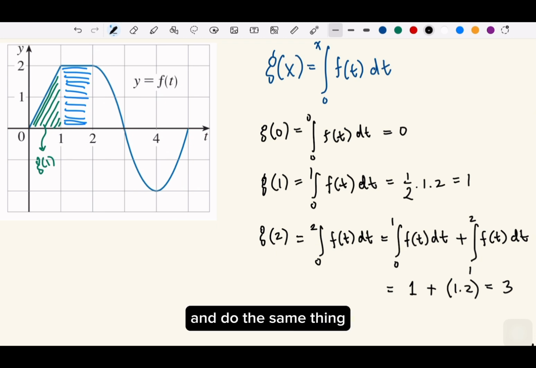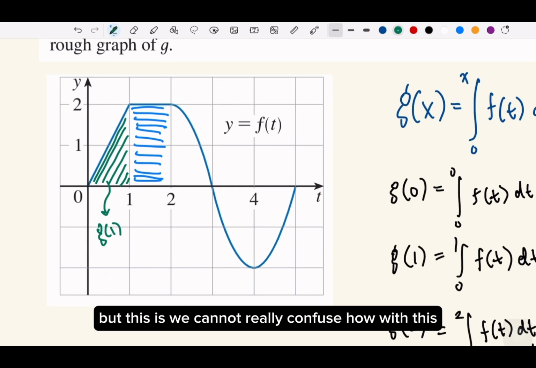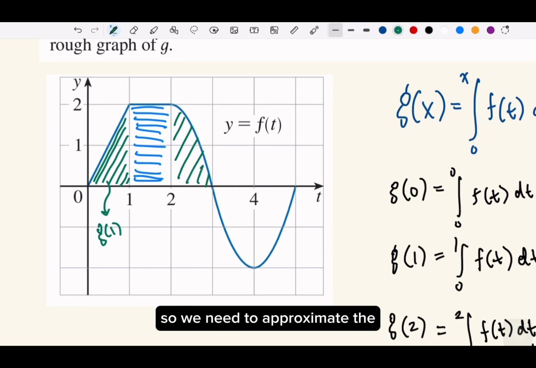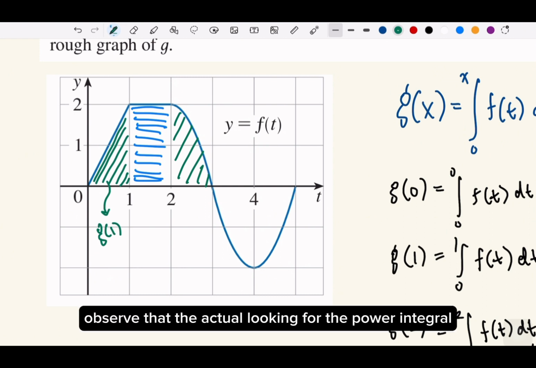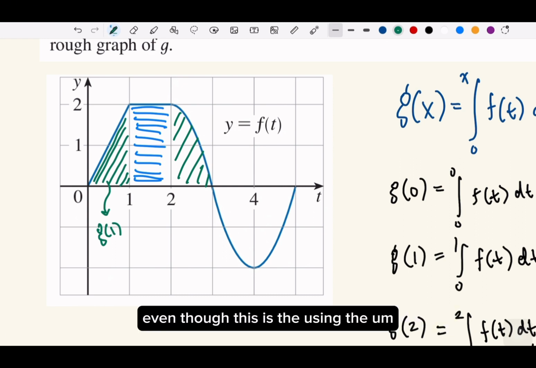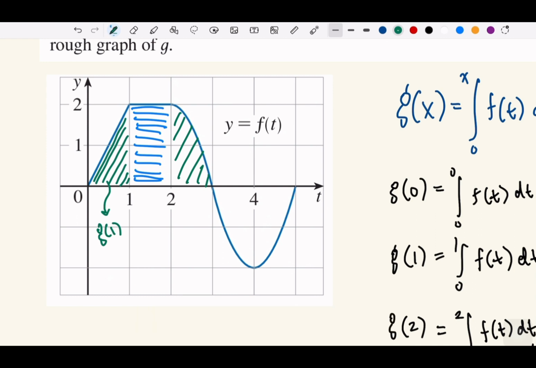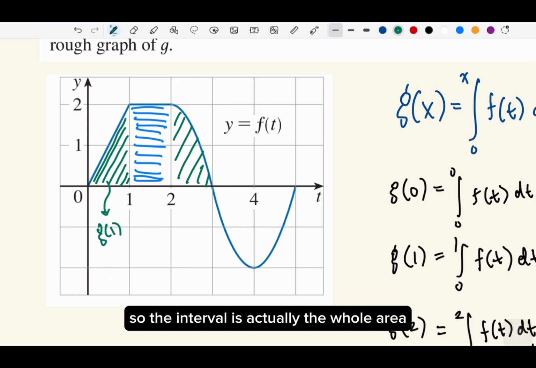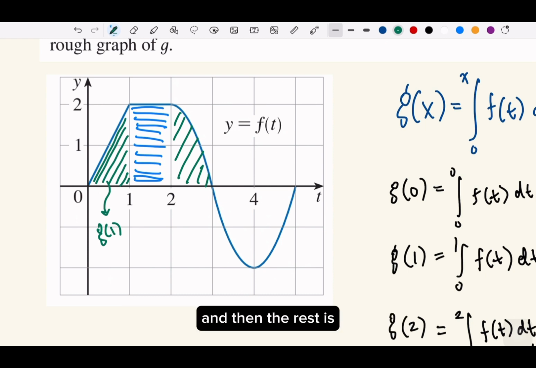And do the same thing for the other one here, but we cannot really compute it this way, so we need to approximate the value. But if you are willing to observe, using the fundamental theorem of calculus, the integral is actually the whole area here, and then the rest is up to here.